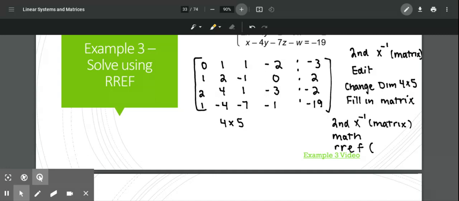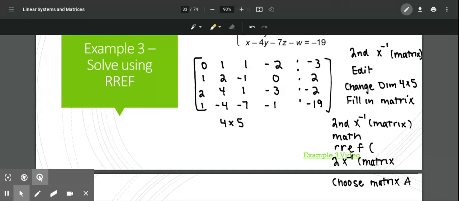And then from there, you're going to go back into your x negative 1 matrix and choose matrix A. And you choose that just by hitting Enter on your matrix A.